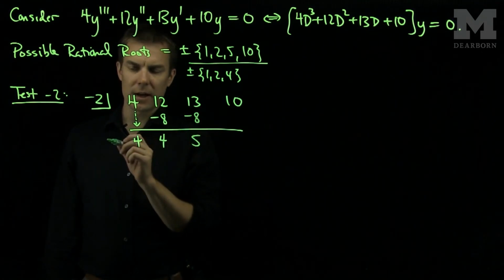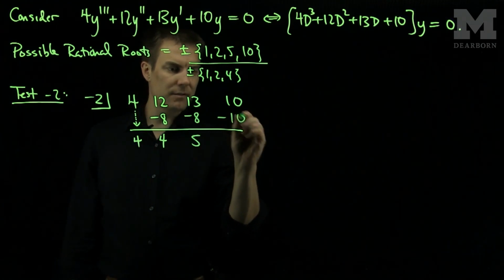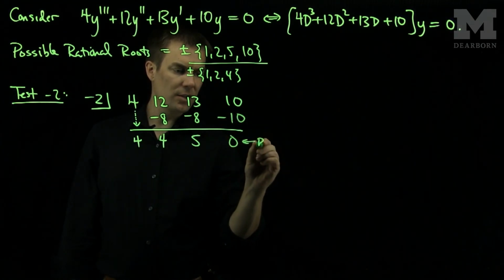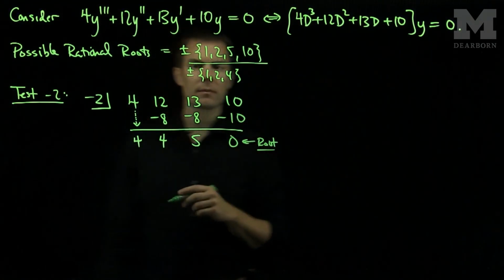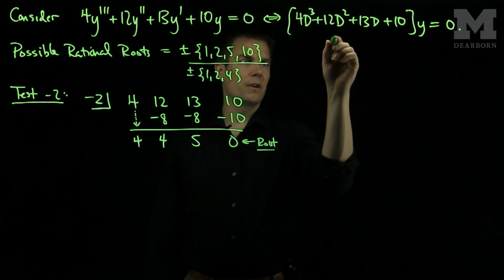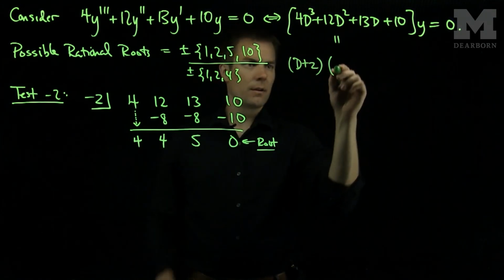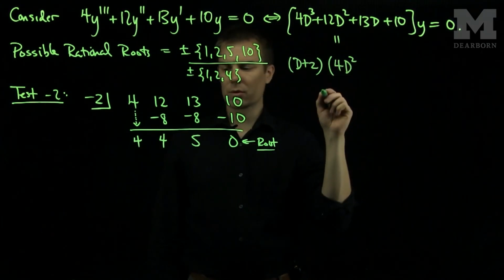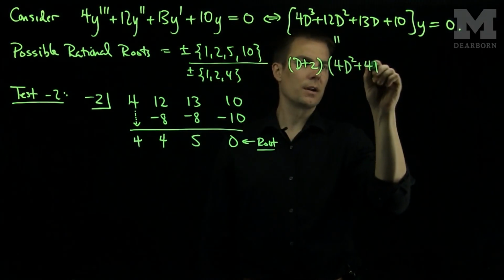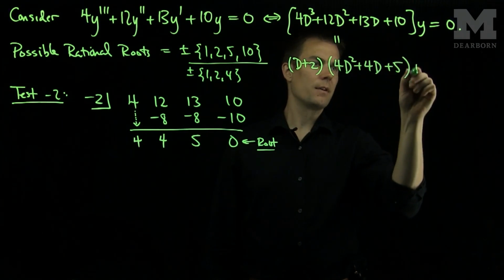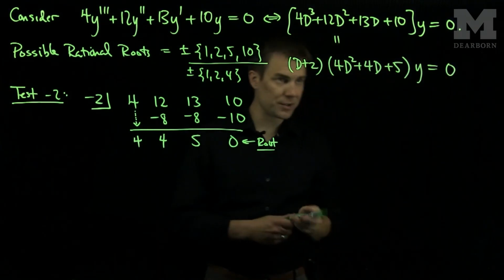And then we have -2 times 5, which gives me -10, and that gives me a 0, and that tells me that we have a root. It also gives me the factorization of our operator as (D + 2) and then (4D^2 + 4D + 5) applied to y is equal to 0.